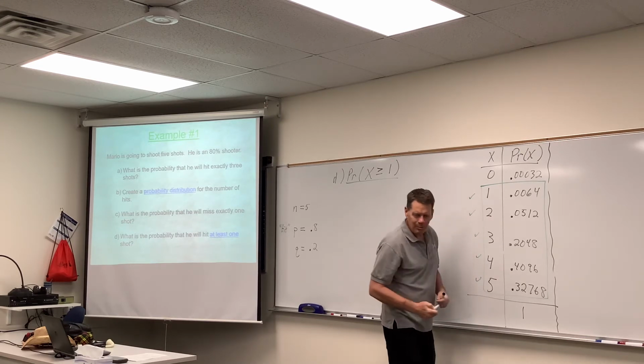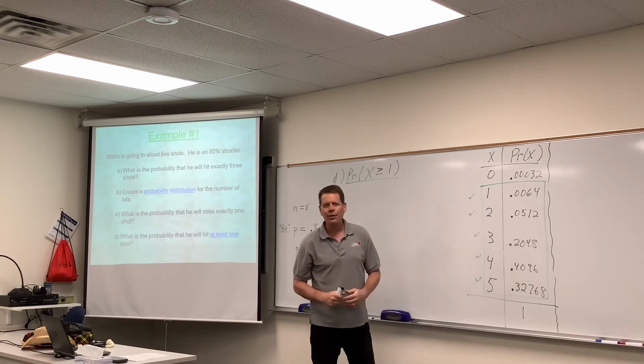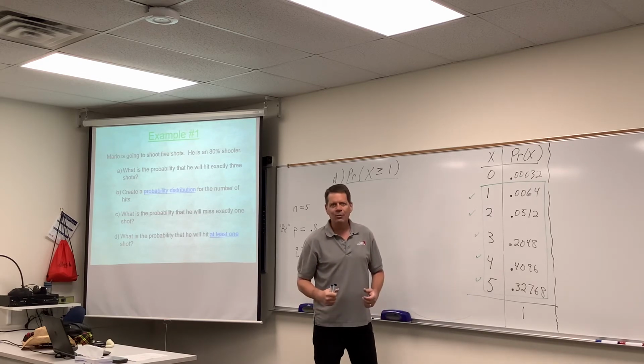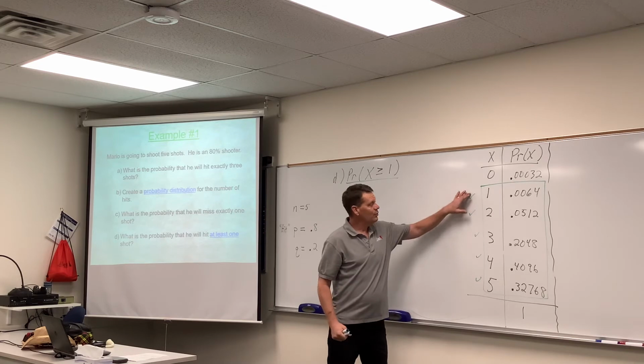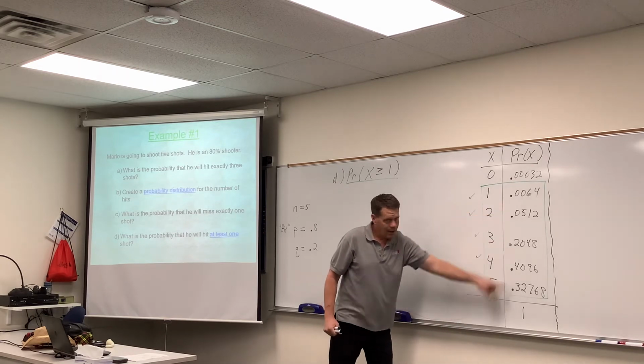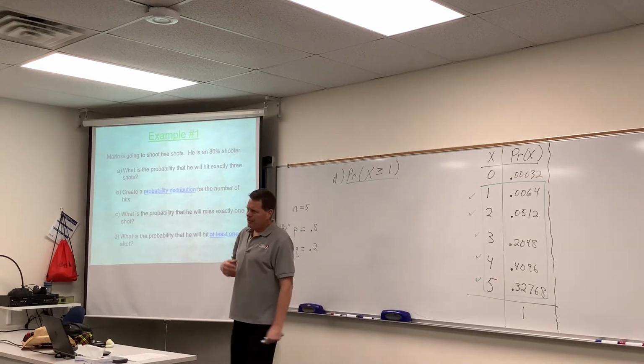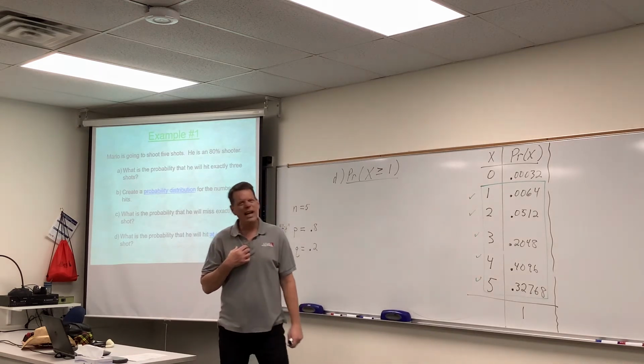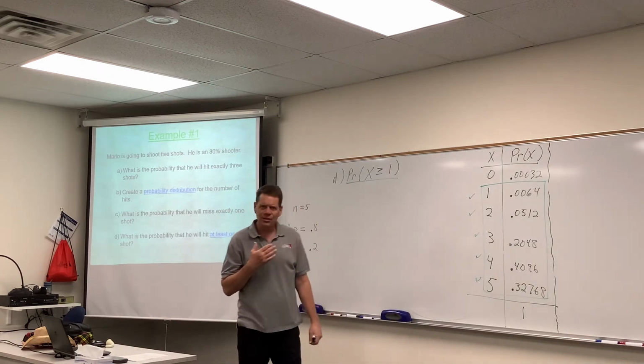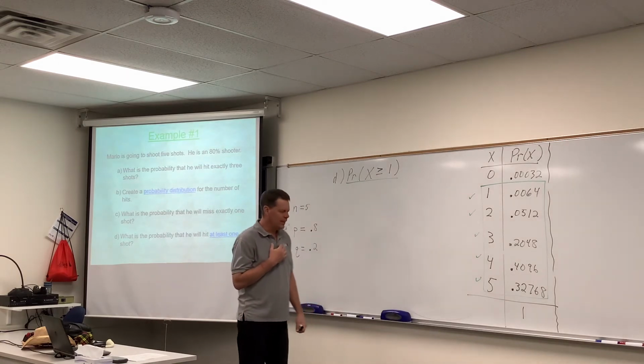That's fine. But what if he shot 30 shots and we said at least one? That would be all the numbers from 1 to 30, and that would be a lot of work. So let's be smart about this. Let's say smart and lazy, because that's what mathematicians are. We look for shorter ways to do things.